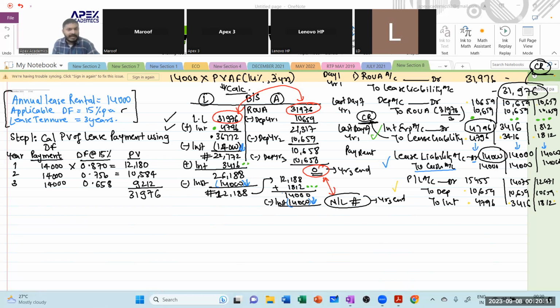But now look at how the Americans do it. The Americans say the following. Now we are looking at it under US GAAP. My dear friends, what was this? This was IFRS. Now let's look at US GAAP. The initial entry stays the same.